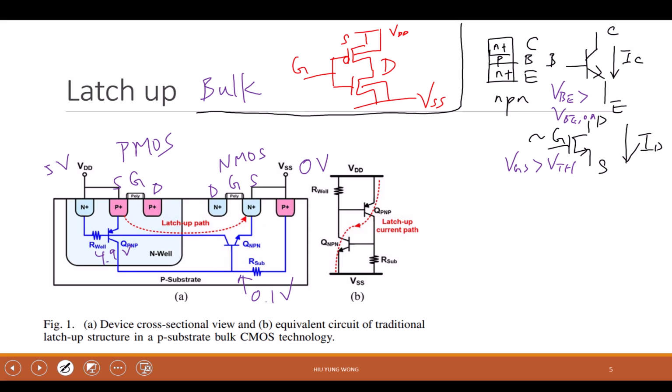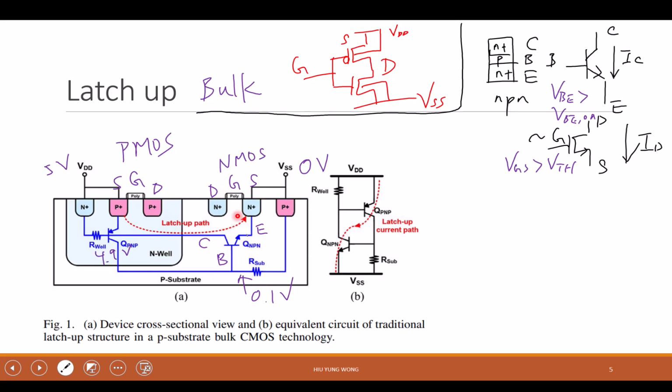Based on what I'm drawing there, this is the base, this is the emitter, this is the collector. If it is confusing, then just think of it as NMOS: this is the gate, this is source, this is the drain. If this part is larger than this part, larger than the VBE on, then I will have a lot of current going through here. I turn on what we call the parasitic NPN.